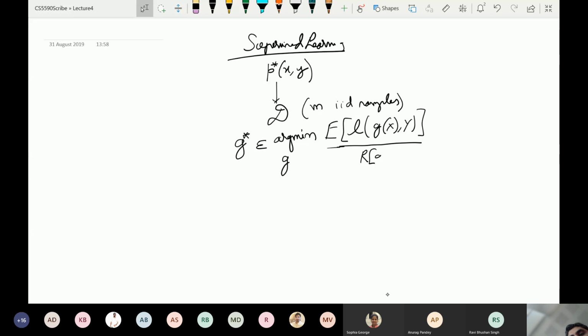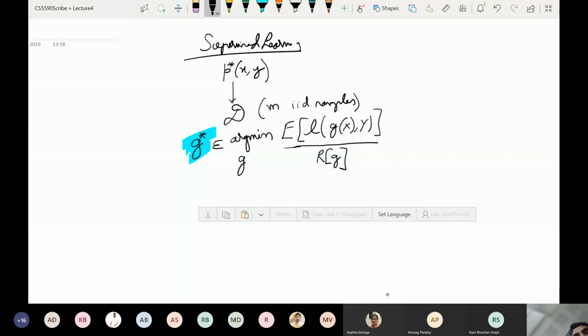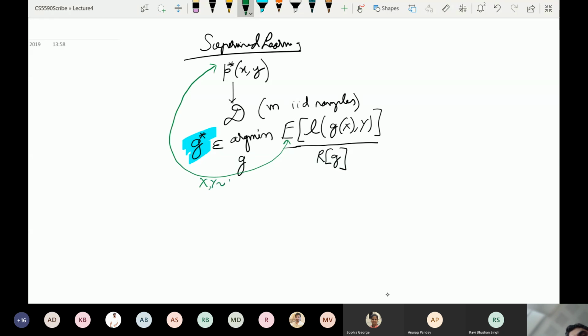So the minimizer of the true risk is what we are in search of in supervised learning. Now, we commented that this goal is impossible to achieve accurately, because this expectation is taken with respect to P star. As long as P star is unknown, there's no hope to be able to solve this problem exactly.